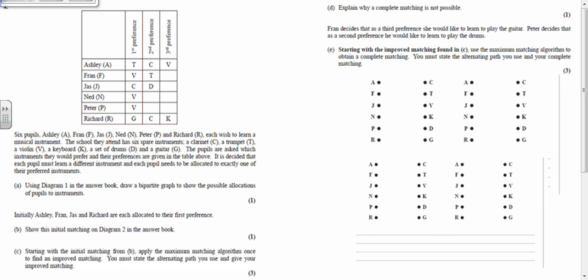So now the next question was the 2014 paper. Okay, so the 2014 question was how to draw a bipartite graph.